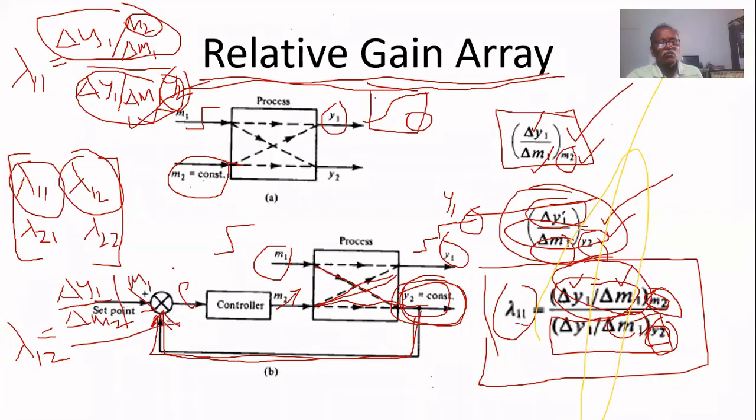To make m1 constant, we make m1 equal to 0 and give changes in m2 in open loop. There is no loop at all. Change m2 and notice the change in y1. That gives the numerator. The denominator is also the change in y1 for change in m2.